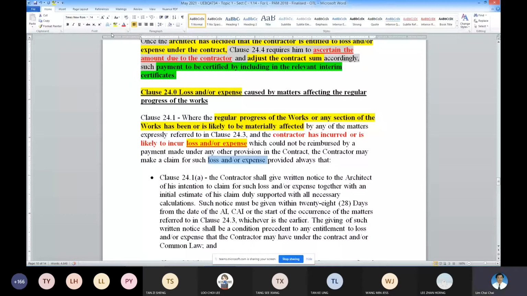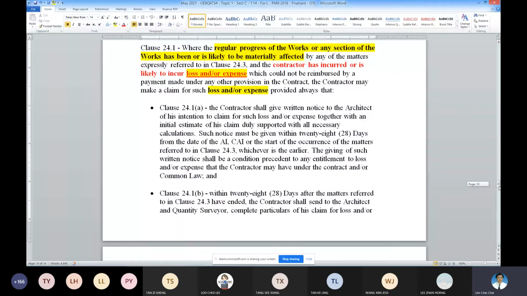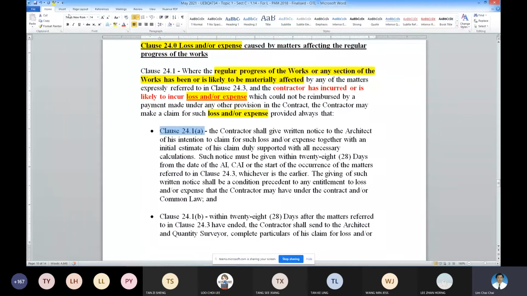So I won't go through the one because, as I mentioned to you, it is 24.1A that has the steps. So these are the steps that the contractor needs to comply with. Step number 1, in order to have a loss and expense claim, is exactly that the contractor applies for extension of time.